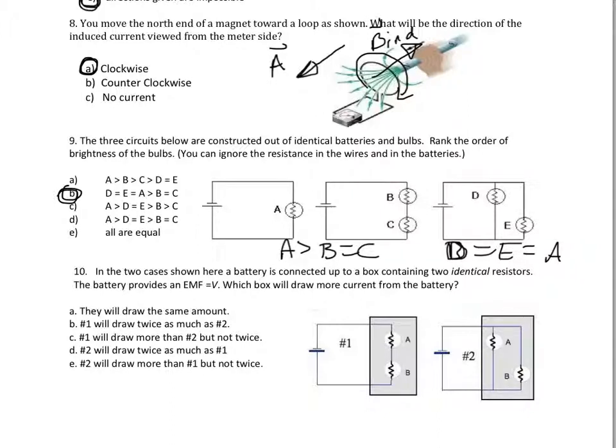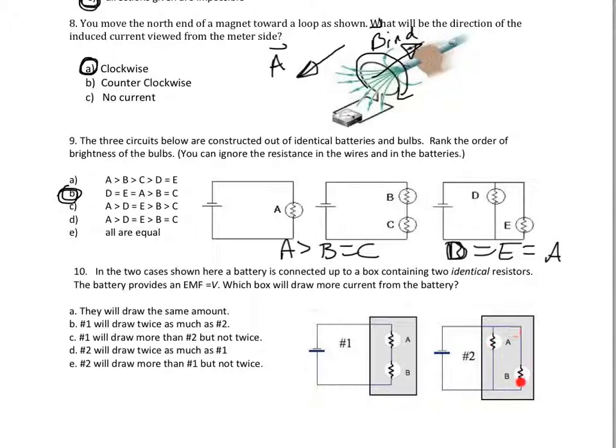Final problem. You are shown 2 cases here where a battery is connected to a box which contains identical resistors. So A and B are identical. The battery provides an EMF which is equal to V. Which box draws more current? Clearly, this box has more resistance because this has, first of all, fewer paths, and it has 2 in series.